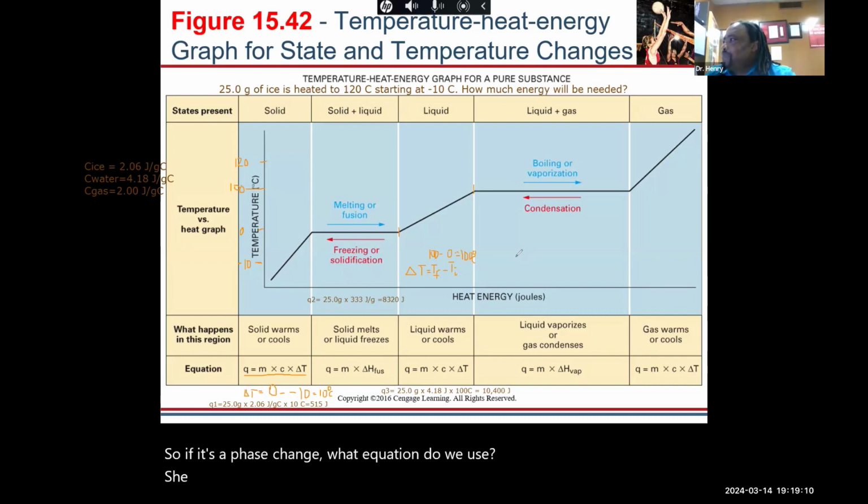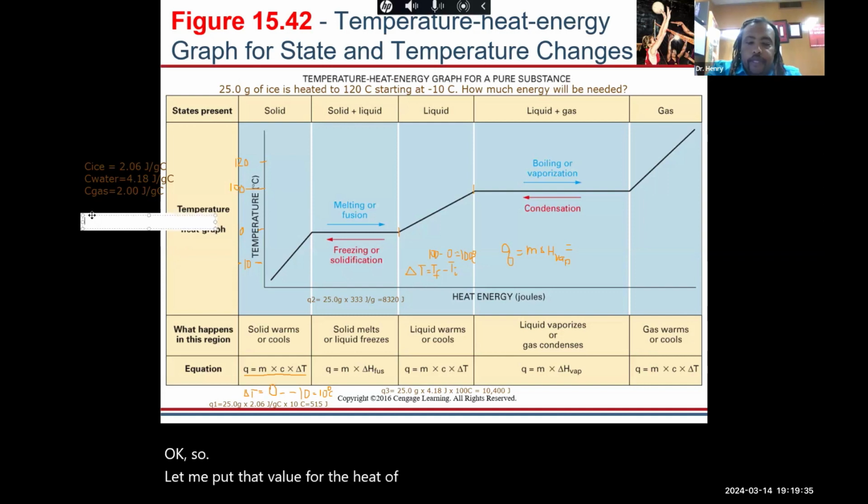That's right. So our Q is going to be equal to M delta H vap. Okay, so let me put that value for the heat of vaporization, and we remember that.